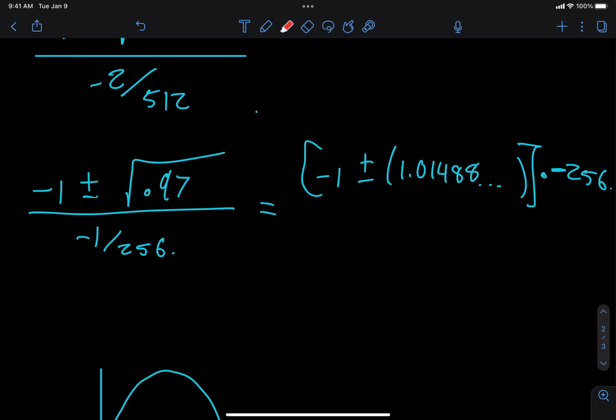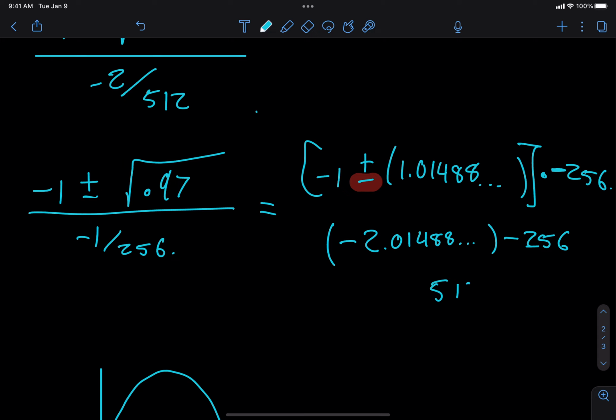So I get negative 2.01488 multiplied by negative 256. And that gets me something like 515, roughly, point something.